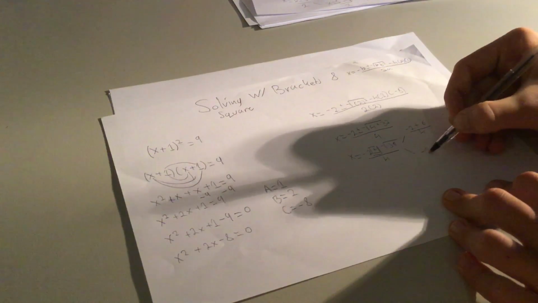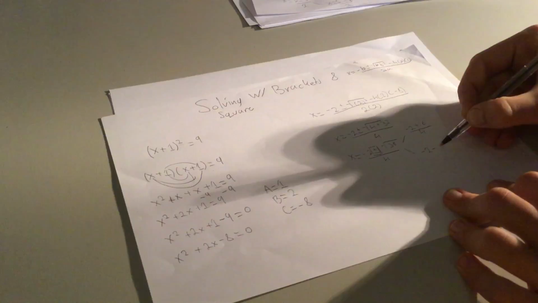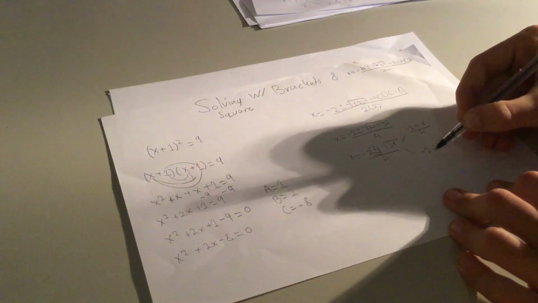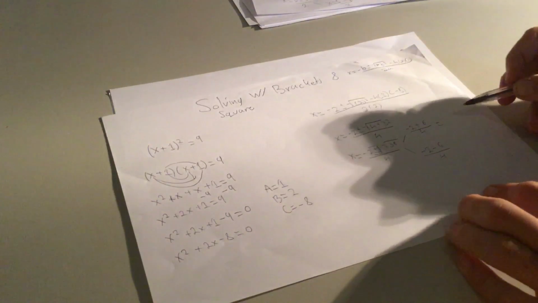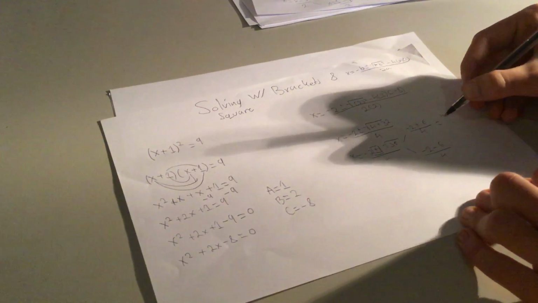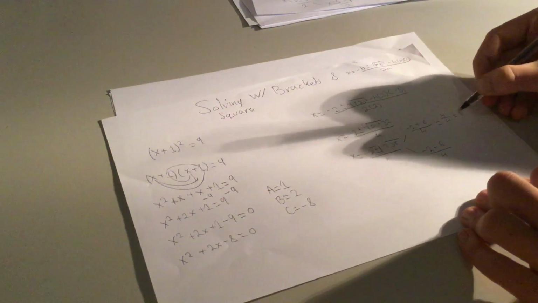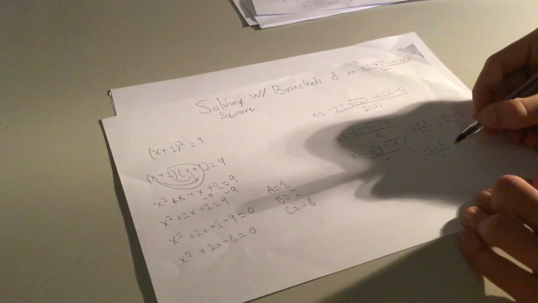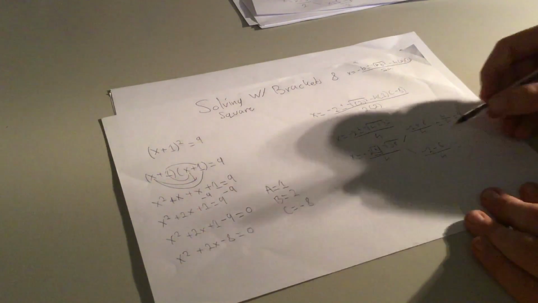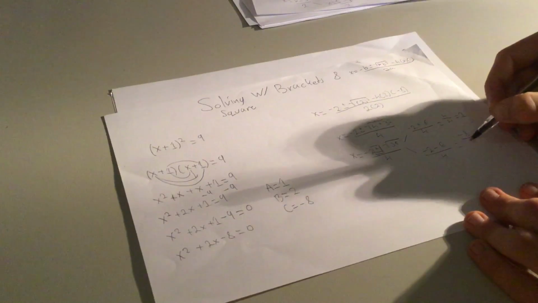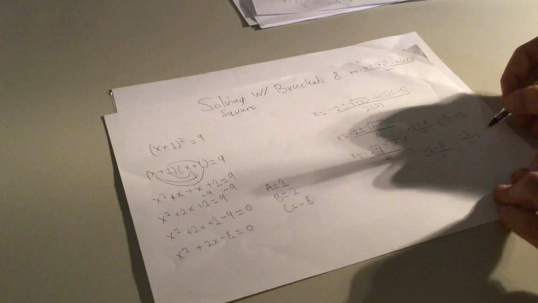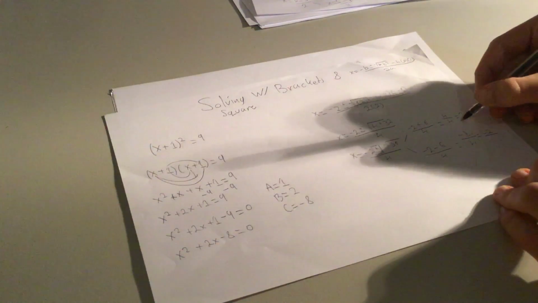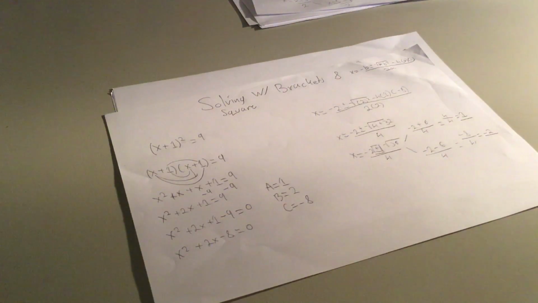Then also -2 minus the square root of 36, which is 6, over 4. -2 plus 6 is 4, so that leaves us with 4 over 4, which is 1. -2 minus 6 is -8, and -8 over 4 is -2. So those are our answers.